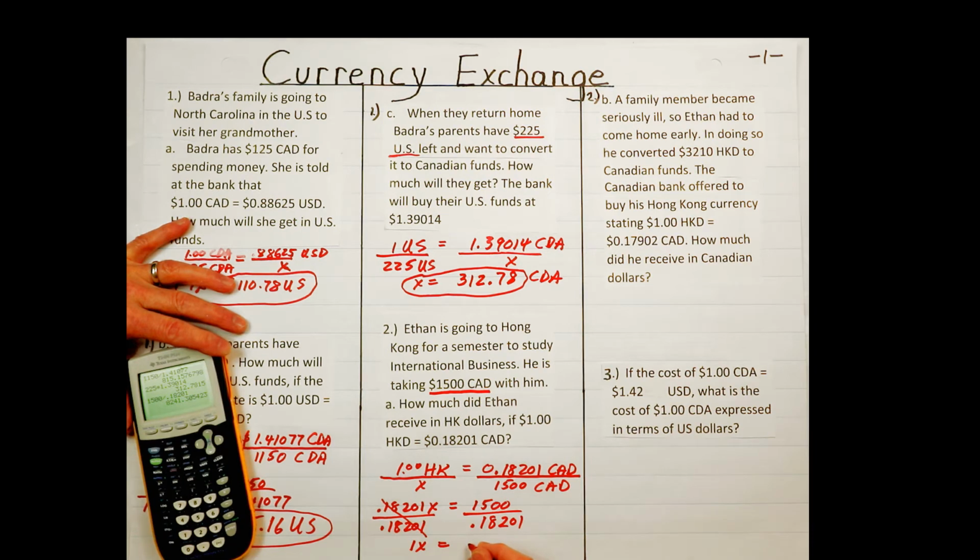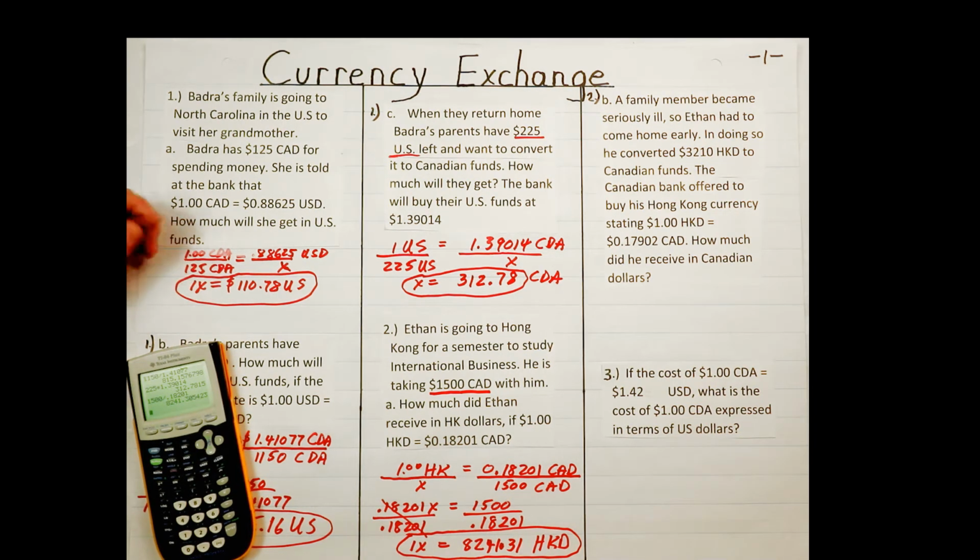So he will get, I'm just checking to see if this is the right answer. I believe it is, 8,241 and 31 cents. And this would be in Hong Kong dollars.